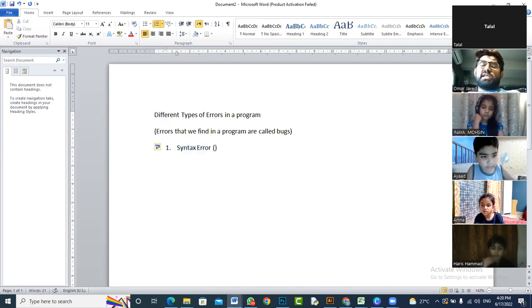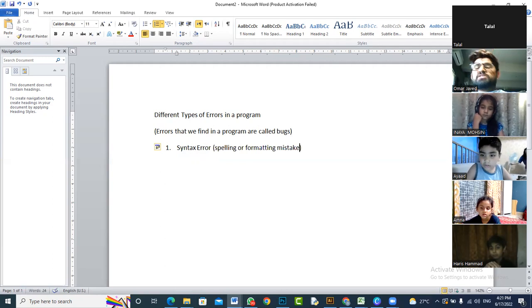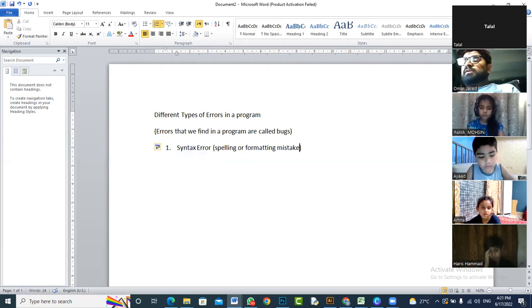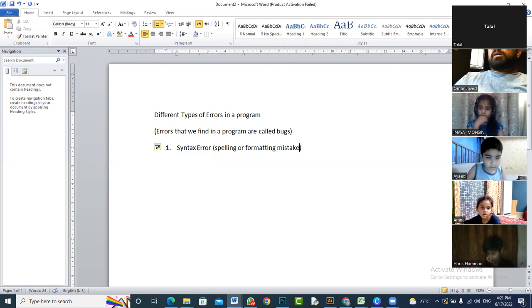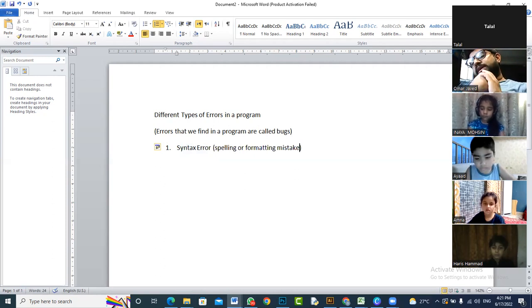Syntax error is basically a sort of spelling or formatting mistake. Once you are writing some code in Python or in any other language, and you have to give some instruction, and in that instruction you have to write a particular word.